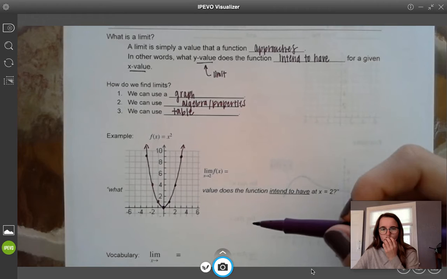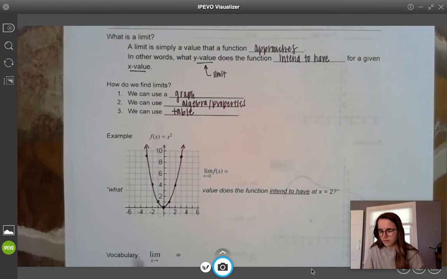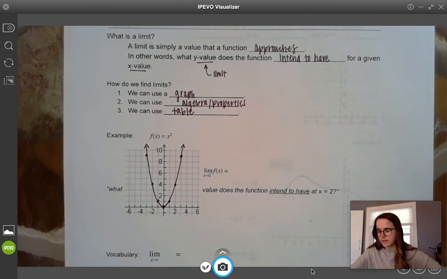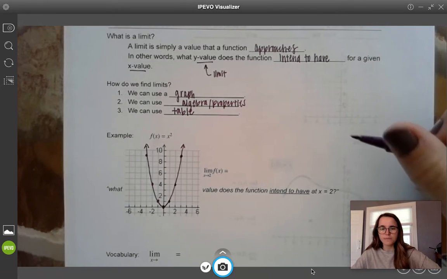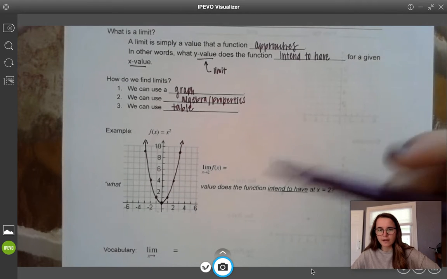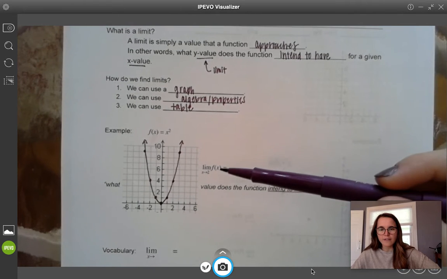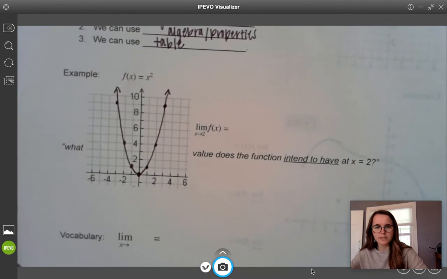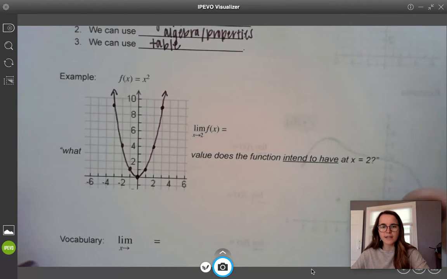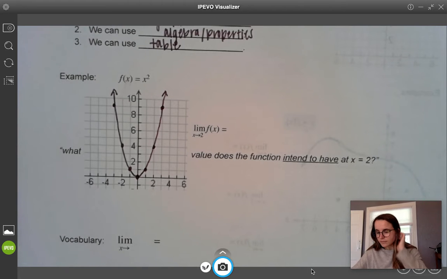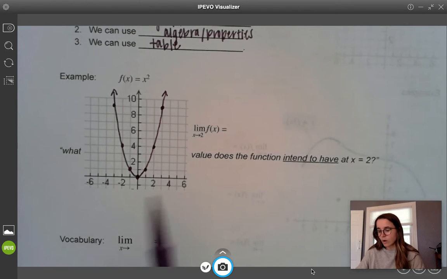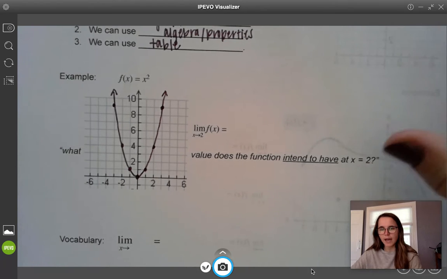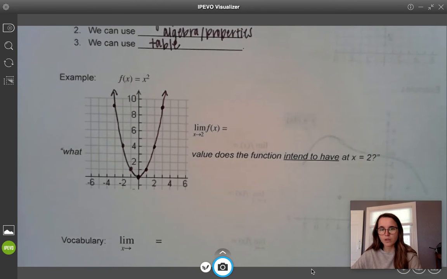Okay, and so jumping in, this says what value does the function intend to have at x equals 2? Okay, so this right here, this is the limit of f of x as x approaches 2. I'm going to zoom in on that a little bit so you can see it better. So limit of f of x as x approaches 2 is how that is read. So what this is asking is what value does the function intend to have at x equals 2?